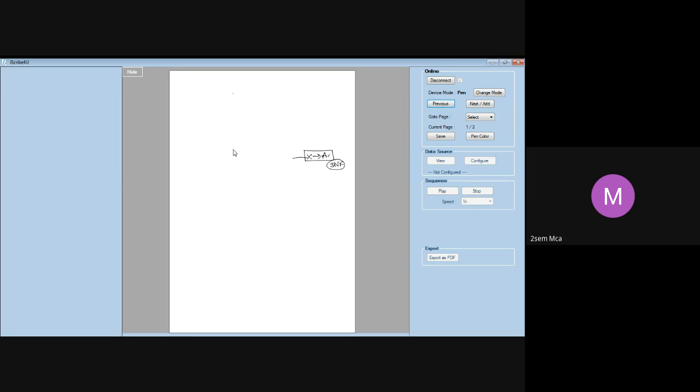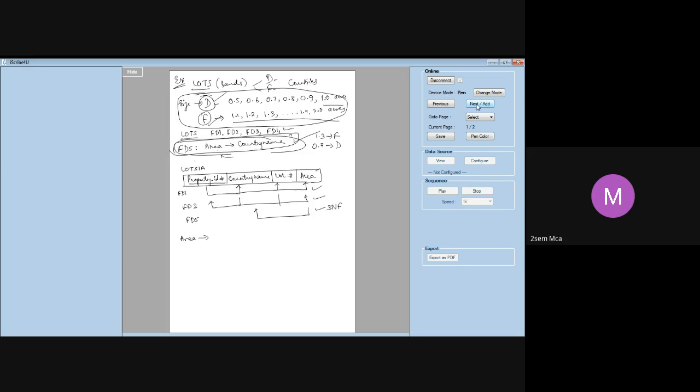I think there's some error in my system. Previous sheet has gone, I think.